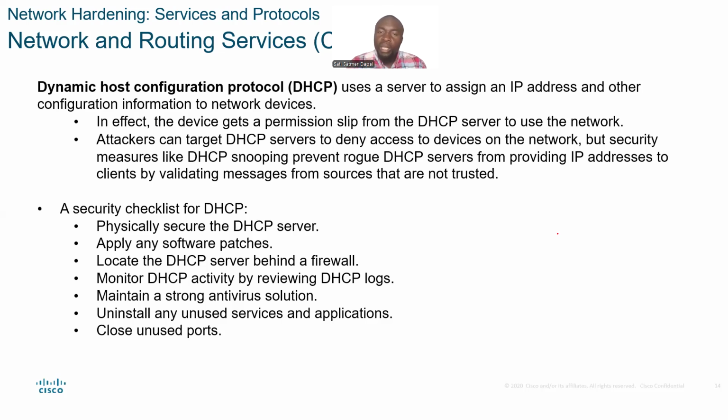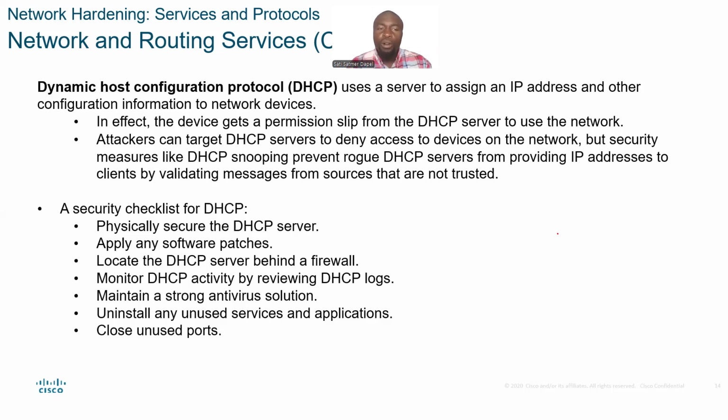Another way is dynamically or automatically. What that means is that you will configure your router to give out these IP addresses. You just tell the router, I have 2,000 IP addresses, and I want you to give out these IP addresses automatically as devices connect to the network, from this particular pool.